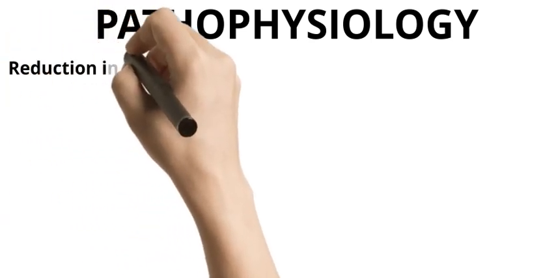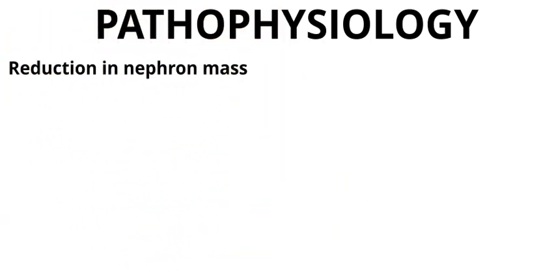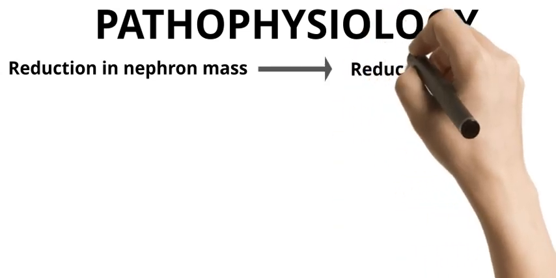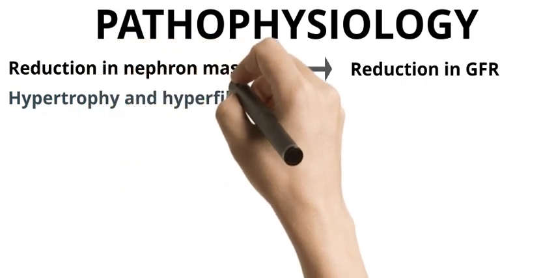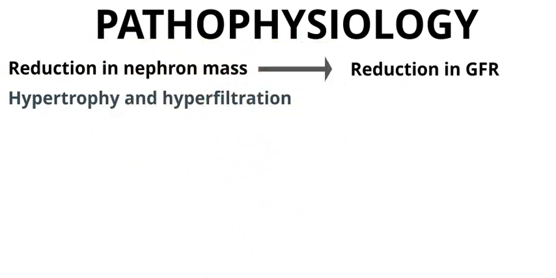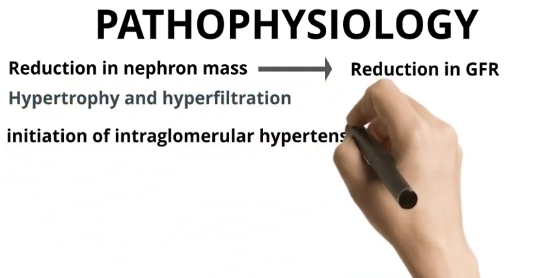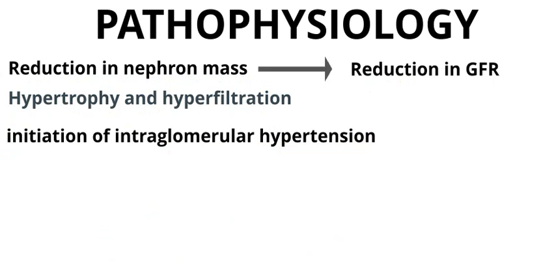Pathophysiology. In glomerulonephritis, there's a reduction in nephron mass as a result of the initial injury to the glomeruli, and this leads to a reduction in glomerular filtration rate. This reduction in GFR leads to hypertrophy and hyperfiltration of the remaining nephron mass, and this leads to the initiation of intraglomerular hypertension.